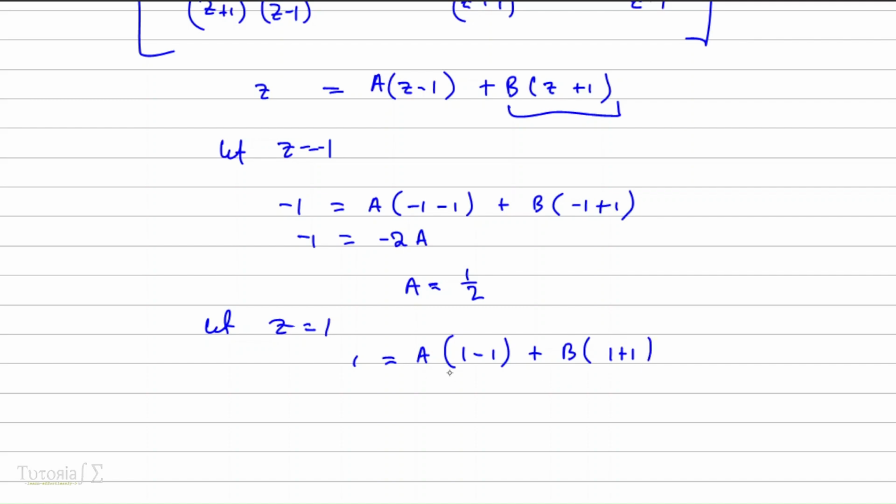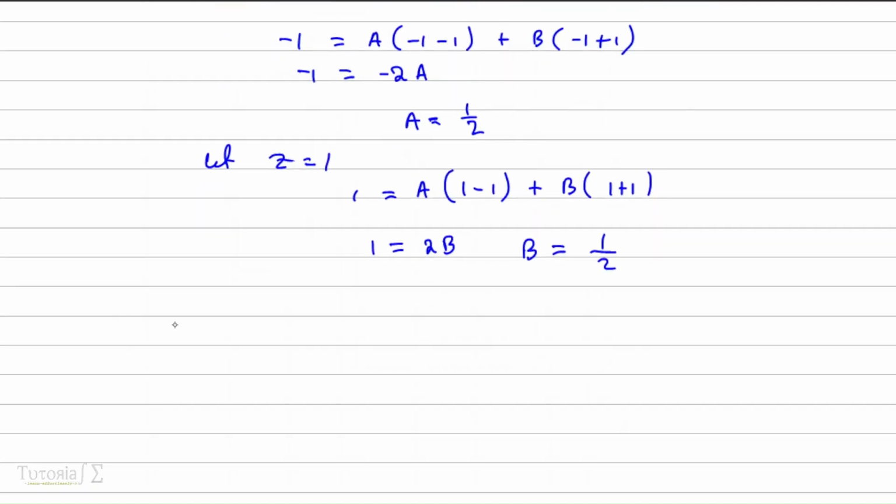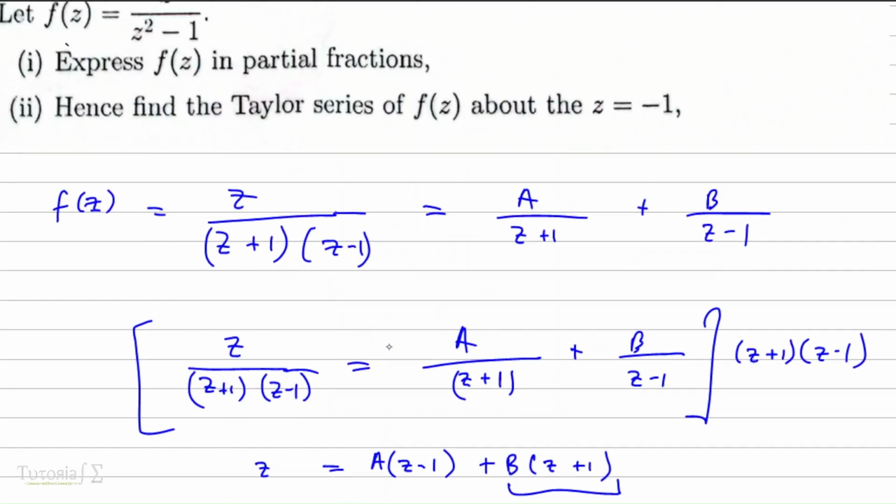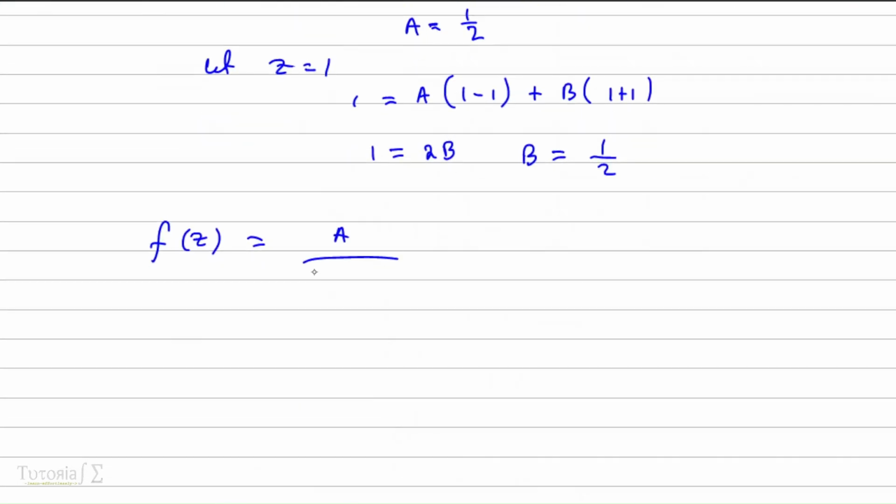Okay, so this gives 1 equals 2b, meaning that b is equal to 1 over 2. Then replacing back, we have f of z, which is equal to a over z plus 1 plus b over z minus 1.